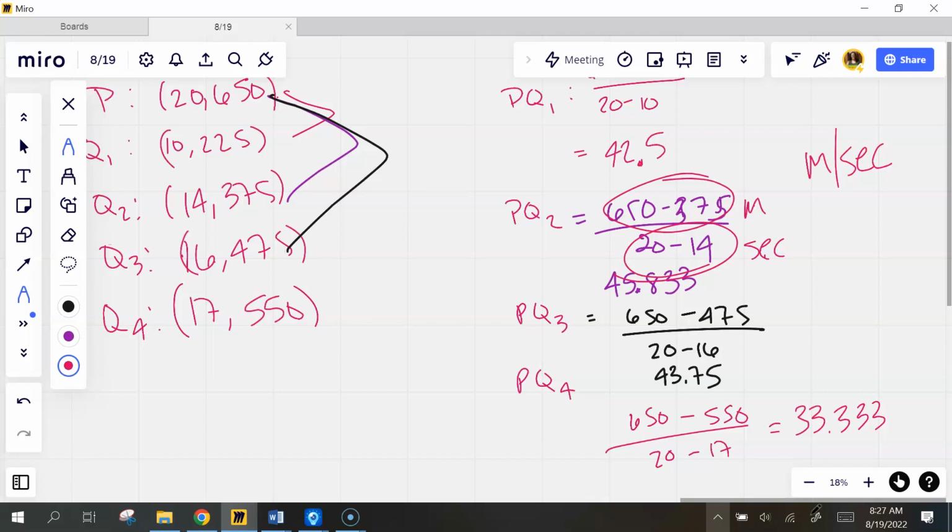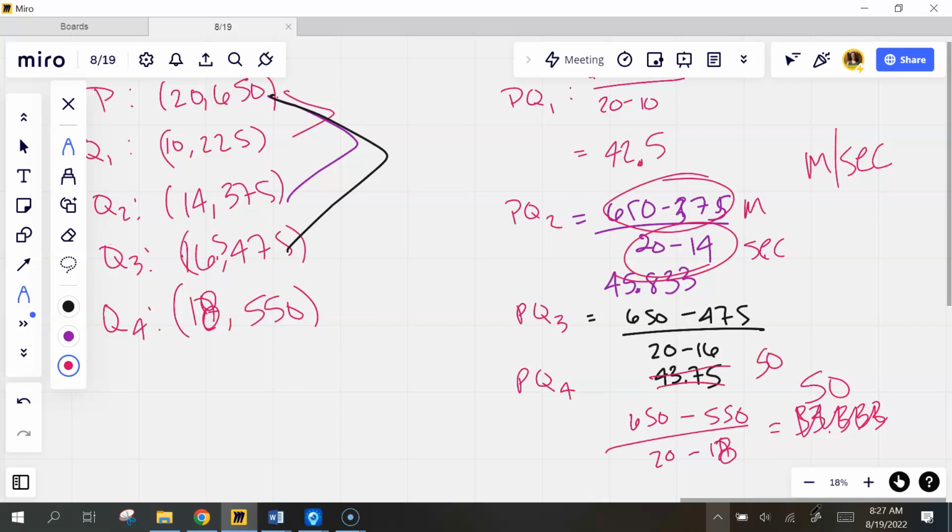Oh, they used 18 for this one, which would put this at 50. And they used 16.5. Well, they should have defined that if they wanted us to do that, which would put this closer to 50.